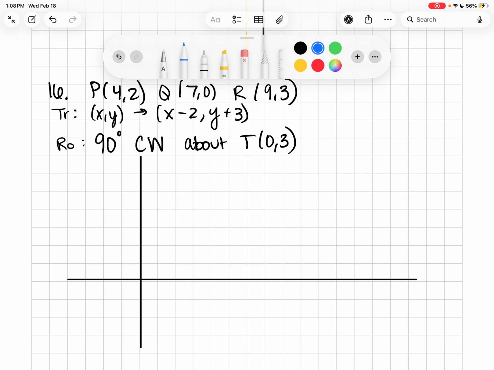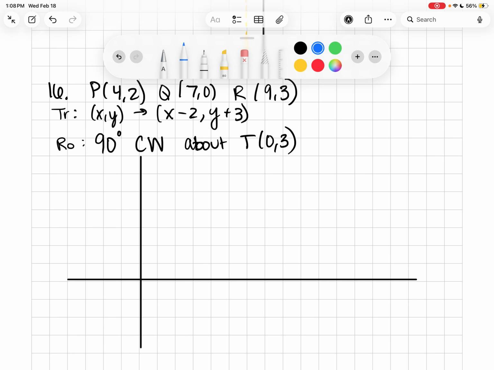All right, so I'm going to do the initial, and on this section, if you want to use colors, like the blue, red, and the green, like how I am, you're welcome to do that. Obviously, normally we don't use pen, but if it helps you see this stuff, you can with this section. So I'm going to plot each of these points. Make sure you label them.